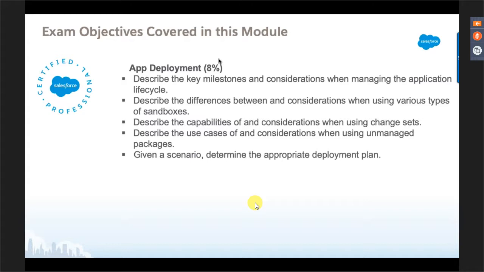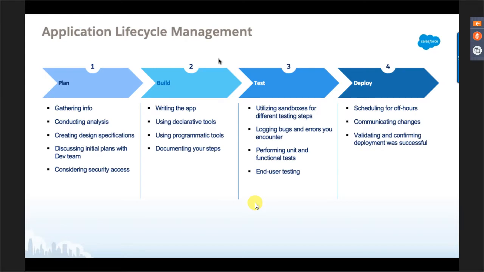We're going to discuss the types of sandboxes that you can build with, and literally the point and click considerations as app builders we will take when using a change set, as opposed to making the decision to work with a managed or unmanaged package. We're going to come up with those plans considering all of the nuances of a build that we're working on. And those nuances are things that we want to make sure we catch and pay attention to.